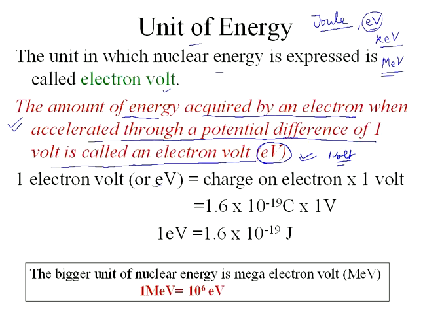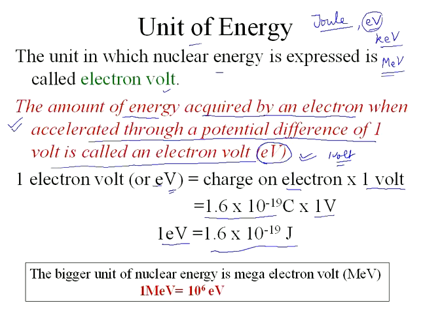Here e is the charge of the electron, and V is the applied voltage, that is 1 volt. The charge of the electron is 1.6 × 10^-19 coulomb, and the voltage is 1 volt. When you multiply, 1 electron volt is equal to 1.6 × 10^-19 joule, right?